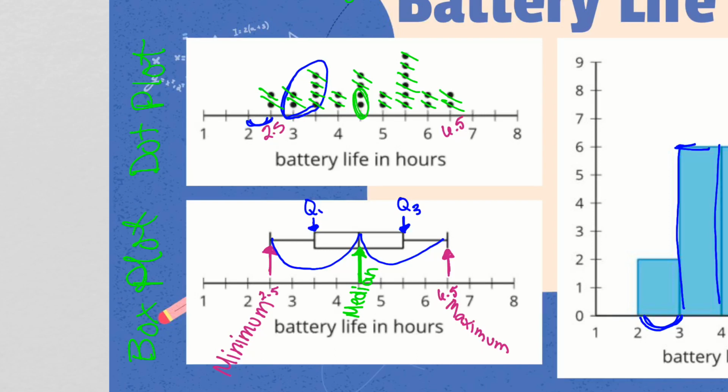But I'm going to go ahead and show you up here. I'm going to go ahead and erase this information that I've already showed you up to our median, leave that green. I'm going to erase up here on the maximum side.